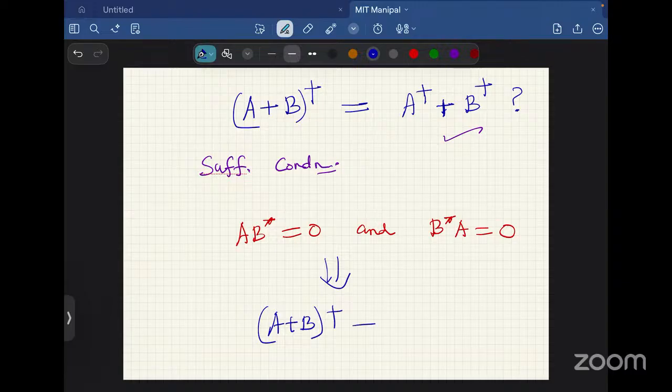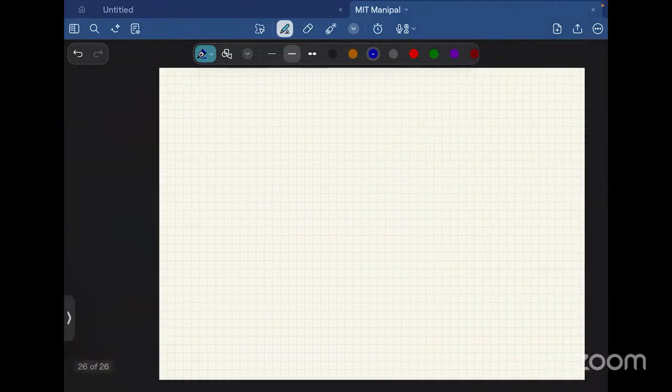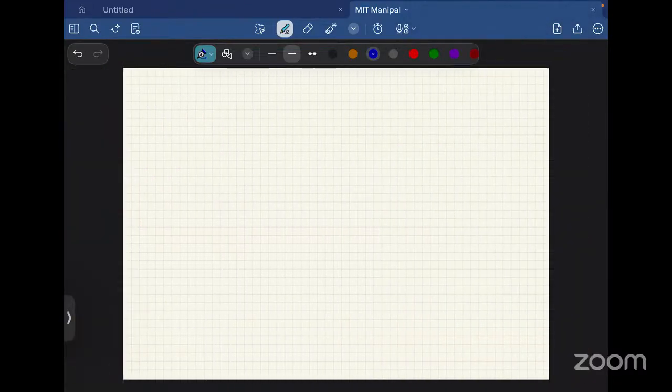Then people started finding the necessary and sufficient conditions for the Moore-Penrose inverse of the sum. They started defining many order relations. One of the order relations I would like to write. A and B are two matrices.